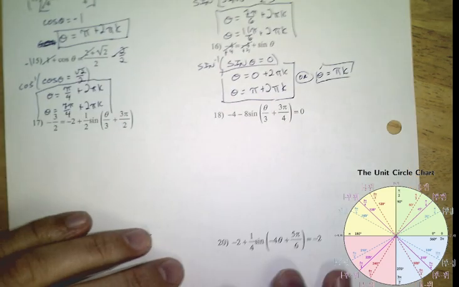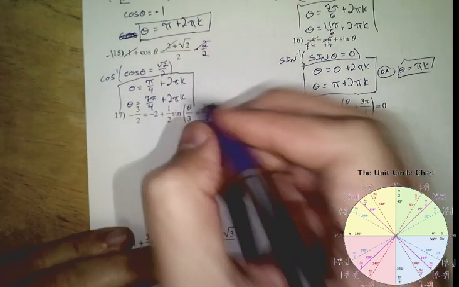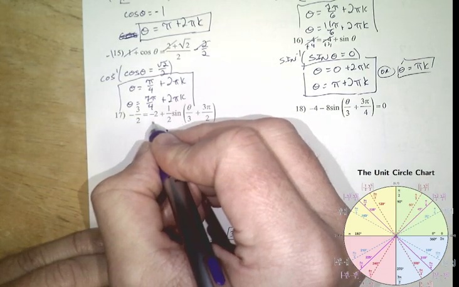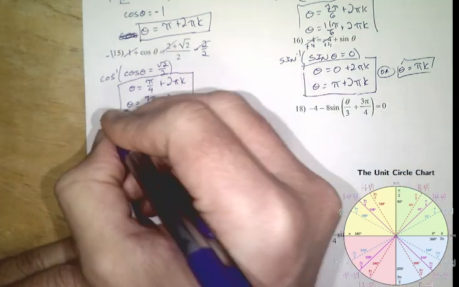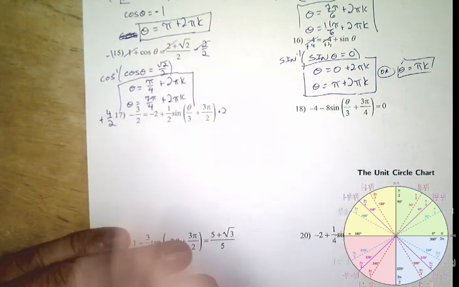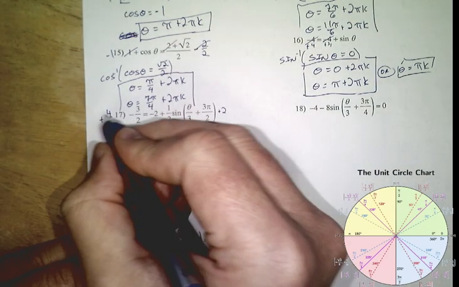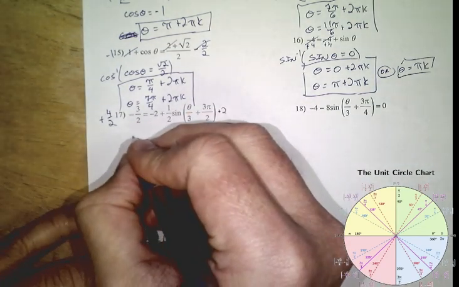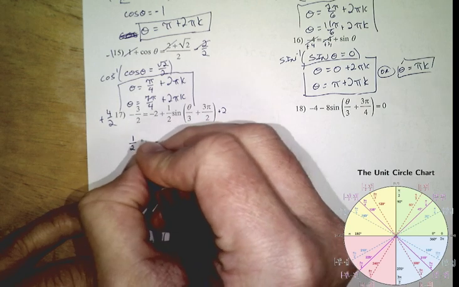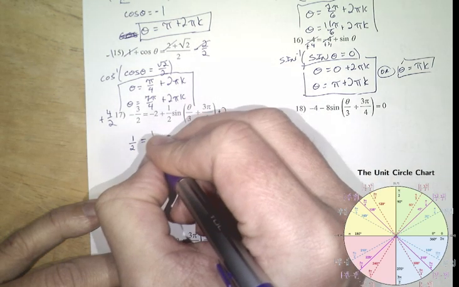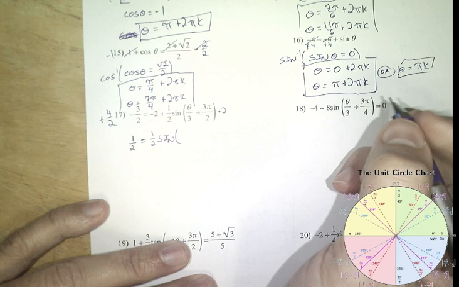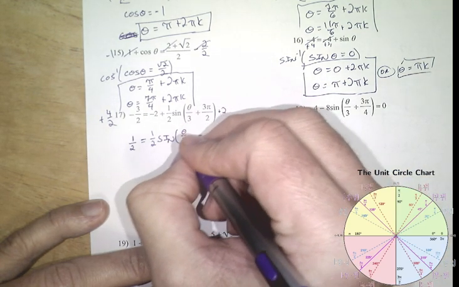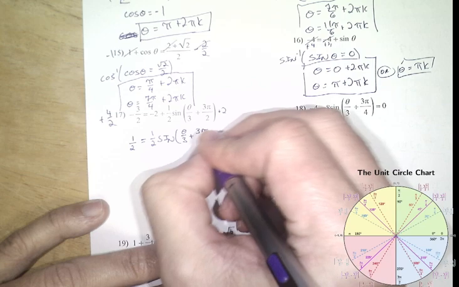Okay. A slightly more complicated one now is 17, down to the final 4. So let's start by getting the sine function by itself. Let's add 2 to both sides. So I'm going to be adding 4 over 2 to get common denominators. So negative 3 plus 4 is going to be positive 1 over 2, which is equal to 1/2 sine of theta over 3 plus 3 pi over 2.